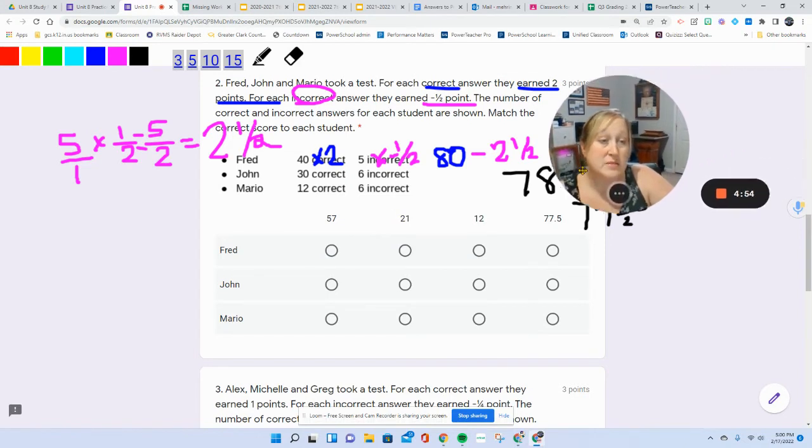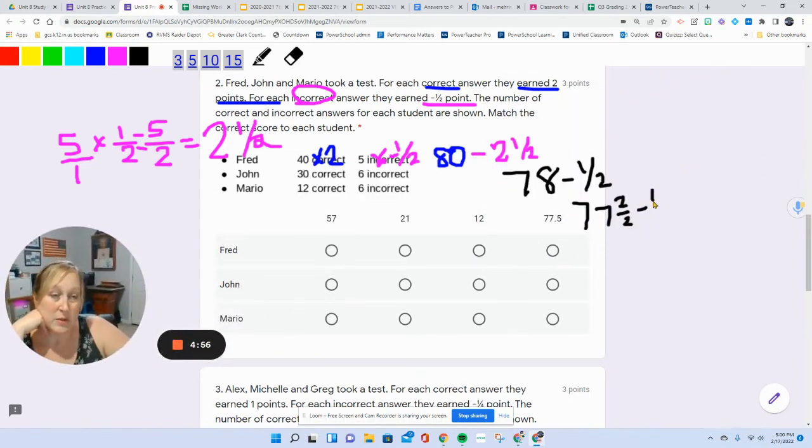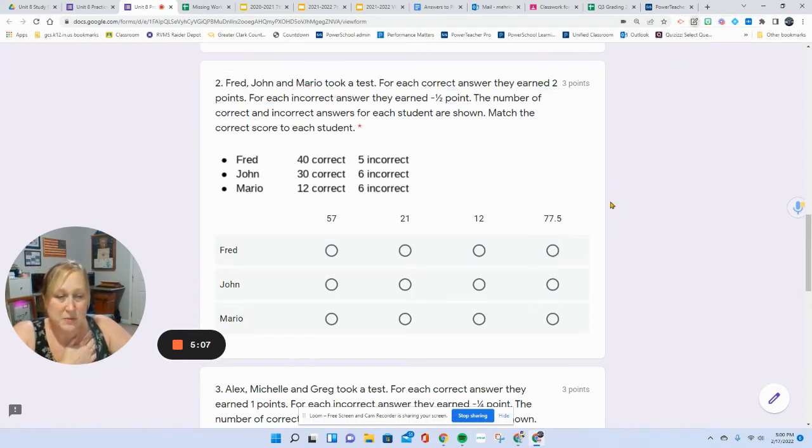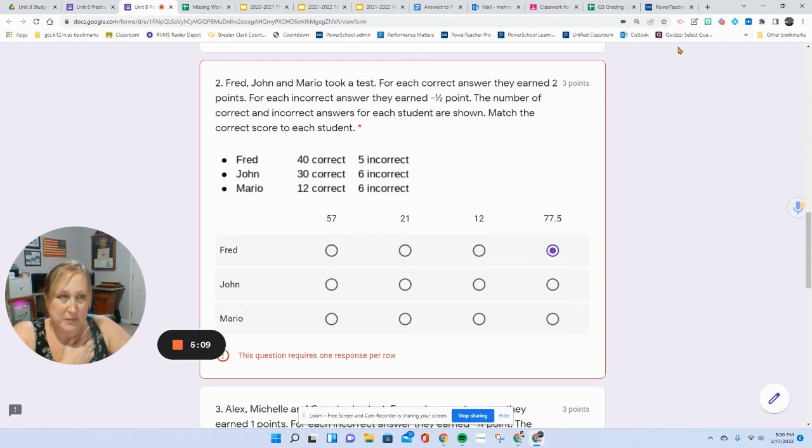There we go. Minus 1 half. So that kind of tells us, based on our choices, I didn't really have to do all that work. 77.5 is what Fred got. So right here.